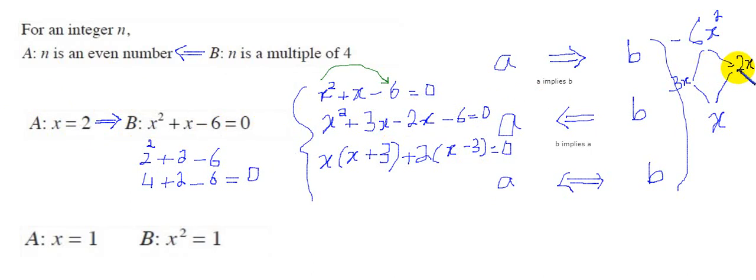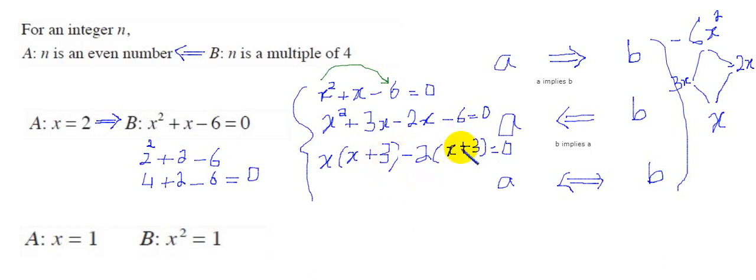Because here we take it as negative 2x, then this must also be negative. If we take negative 2 as common, then negative times negative is plus. And if you multiply these two now, negative times plus is negative and 2 times 3 is 6. So it is true now.